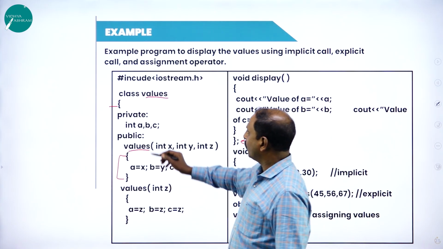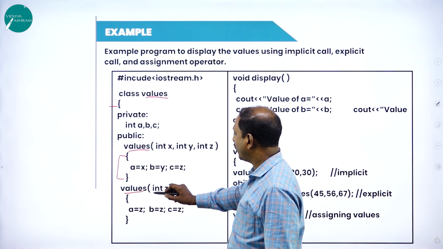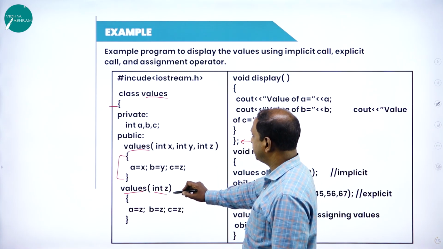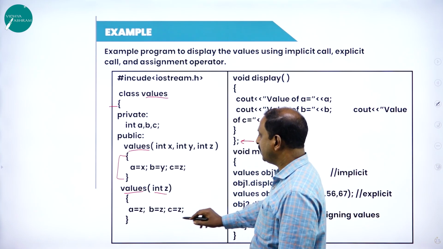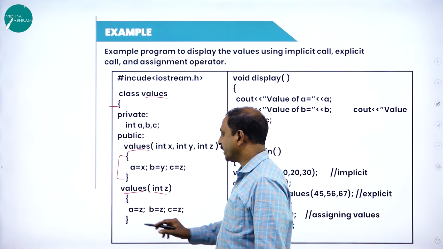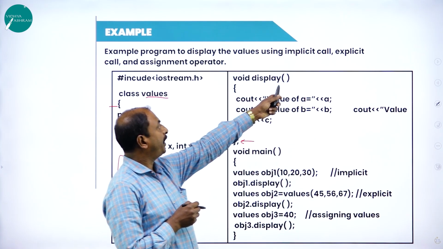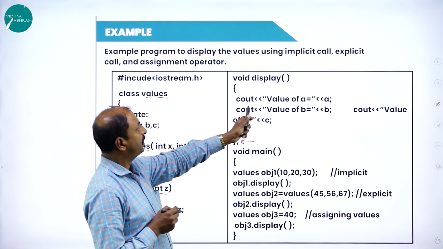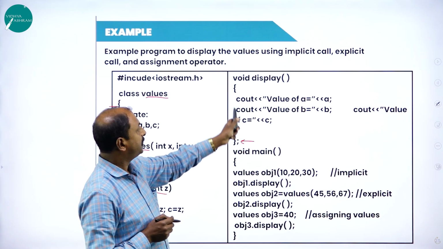Second one is one more values. Again, it is a constructor with only one parameter, z. So again, these are the statements. We are closing this constructor here. Next one is void display. It is a function. We are displaying the values of a and b, and these are the statements.